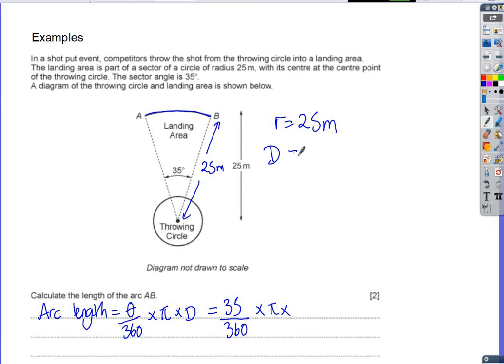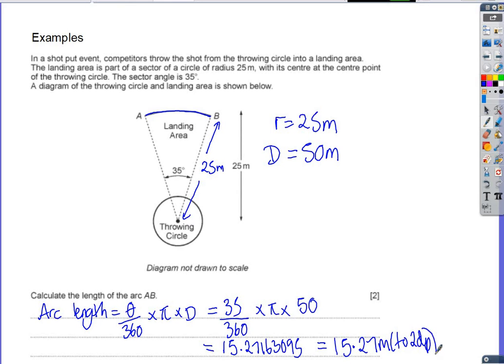We need the diameter, which is 50 metres. So it's going to be pi times 50, which typing that into a calculator gives 15.27163095, which rounding to 2 decimal places is 15.27 metres to 2 dp, and that would be your answer.